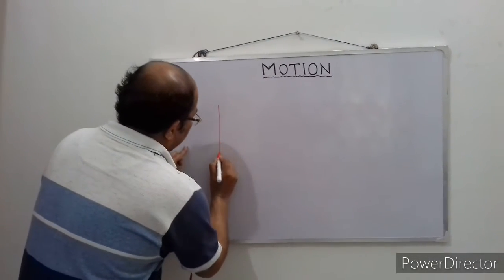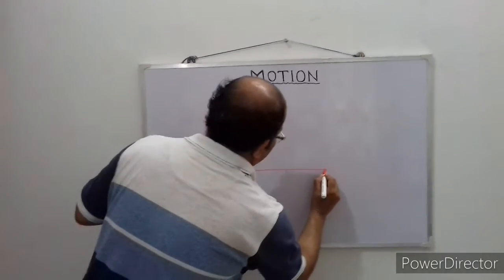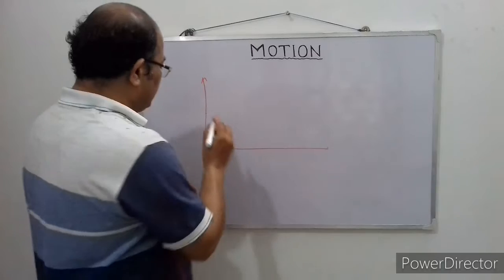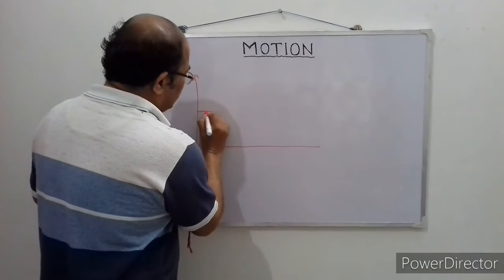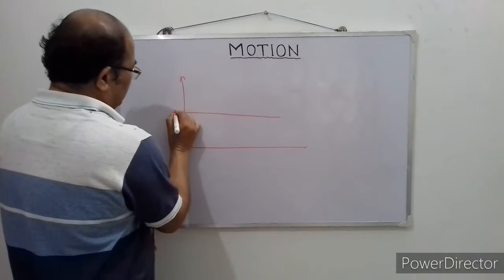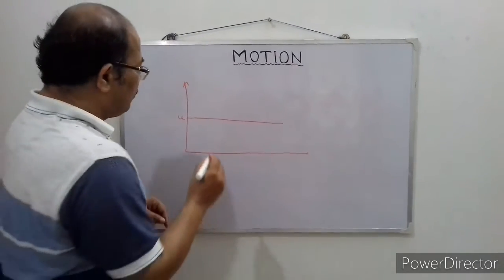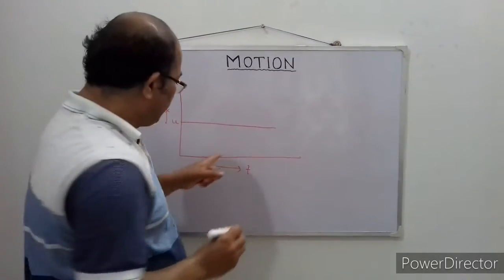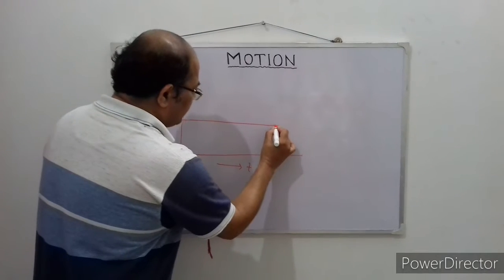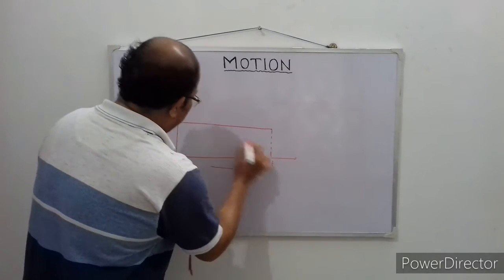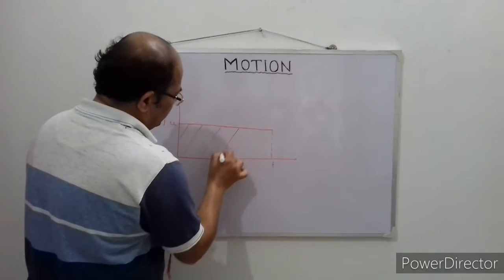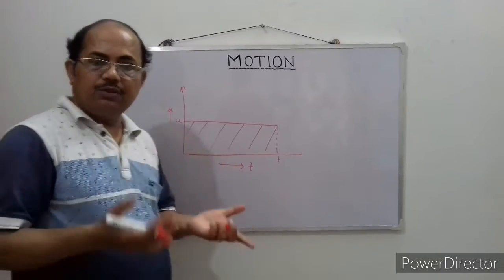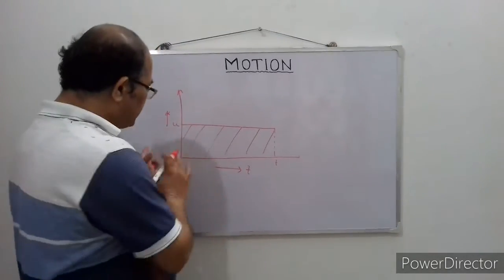Now take a specific example. Suppose the object has initial velocity u and throughout its journey the velocity remains constant. Now what is the time taken? Time taken is t, then what is the displacement of the object? Displacement means uniform velocity into time, so displacement is u into t.